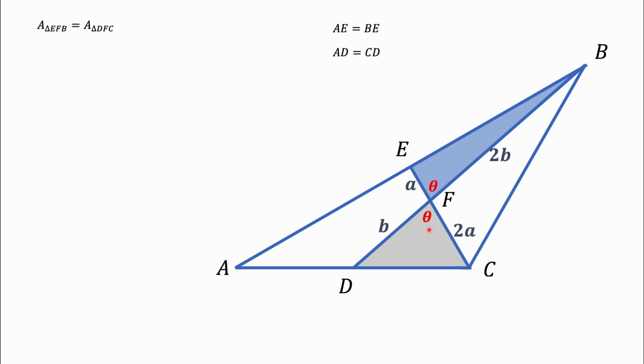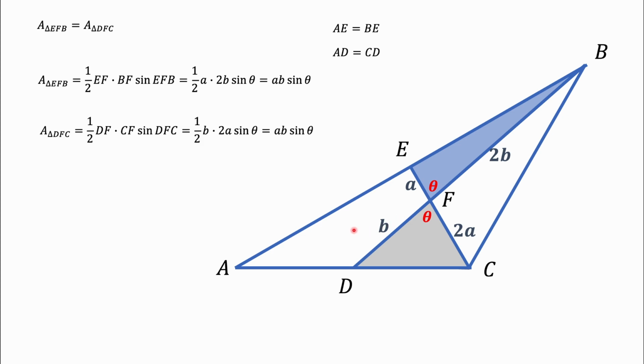And now all we need to know is that the area of a triangle can be expressed via the lengths of two sides and the angle between them. In fact, the area of any triangle is the product of two sides times the sine of the angle between them times 1/2. If we apply this formula to the blue triangle, we get this expression. If we apply the similar formula to the gray triangle, we get exactly the same expression. And that proves that the blue and the gray triangles have the same area.